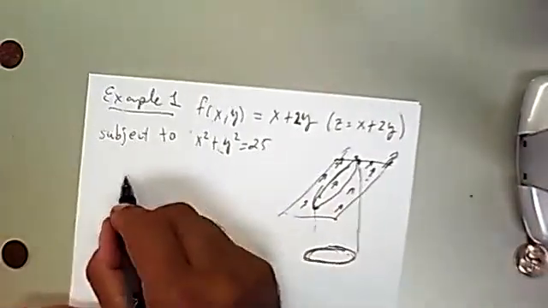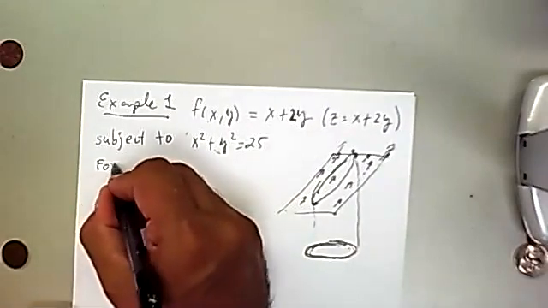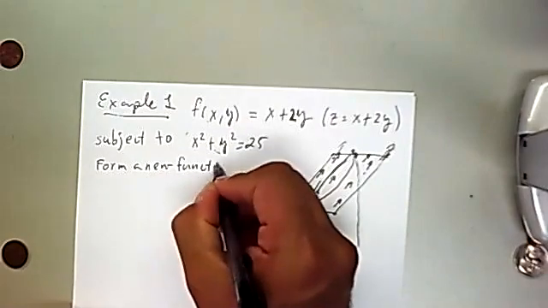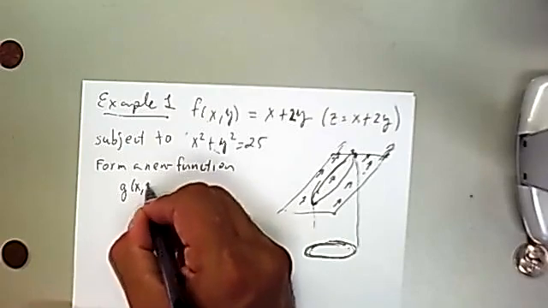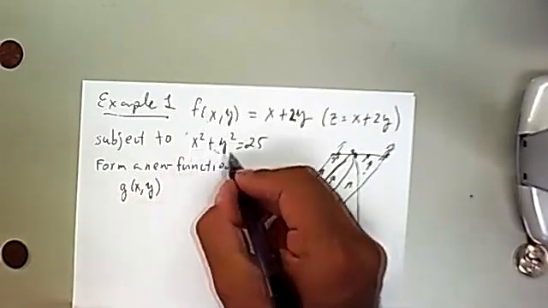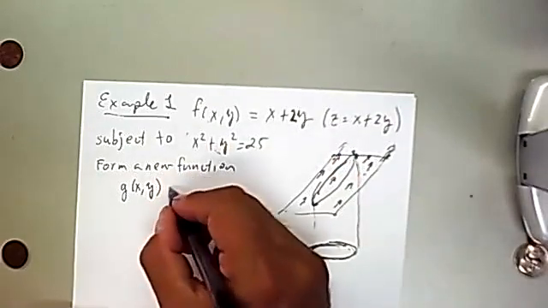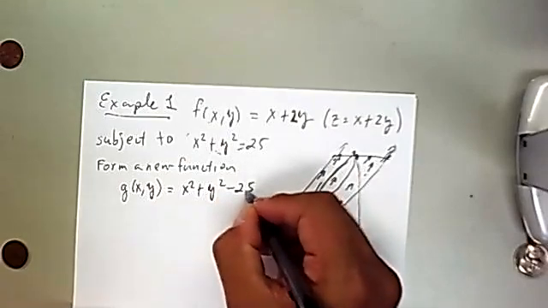What we're going to do in this method, by the way, is form a new function. Typically, we're going to label it as g of x, y. And all we're going to do is take this equation, make it equal to 0, and put it in here. So we're going to end up with x squared plus y squared minus 25.